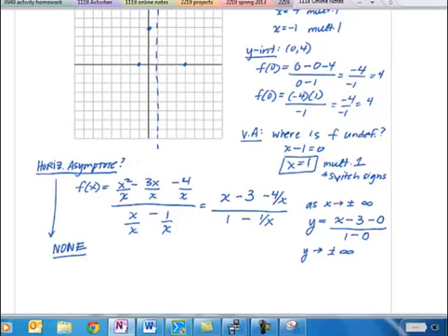Anytime the degree of the numerator is larger than the degree of the denominator, there will be no horizontal asymptote. And we gave a demonstration of that here.